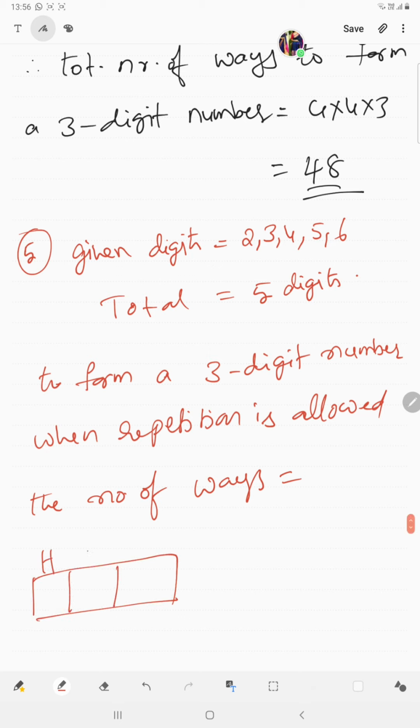This is hundreds place, this is tens place and this is units place. Total 5 digits are there and there is no zero at all. Therefore, you can fill all the 5 numbers in hundreds place also in this question. Therefore, total 5 ways we can fill in hundreds place. Repetition allowed, therefore you have again 5 chances for tens place as well as for units place. Therefore, total number of ways is equal to 5 into 5 into 5, which is equal to 125 ways to form a 3-digit number.